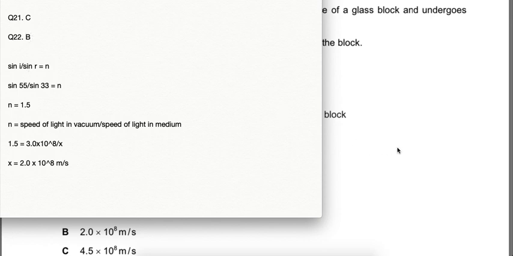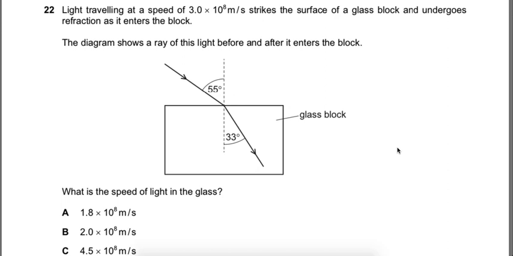There you go. Just a matter of looking at data, thinking of appropriate formulas, and it gets you towards the relevant end. When you look at the data, 55 degrees, 33 degrees, you're like, okay, I cannot connect the angles to the speed of light in any way to get the job done. So then what is the other route?